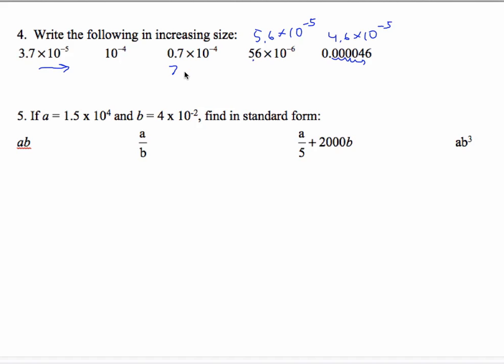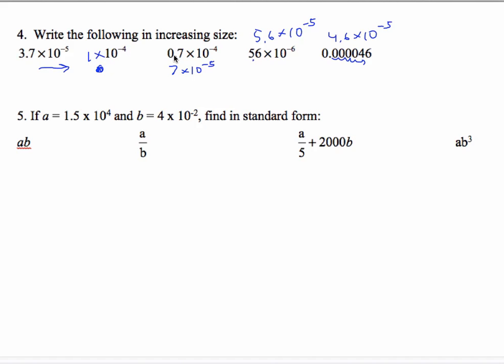And this is 7 times 10 to the power... I made this bigger, so this exponent gets smaller. And this is actually 10 to the power -4, so we can write this as 1 times 10 to the power -4.